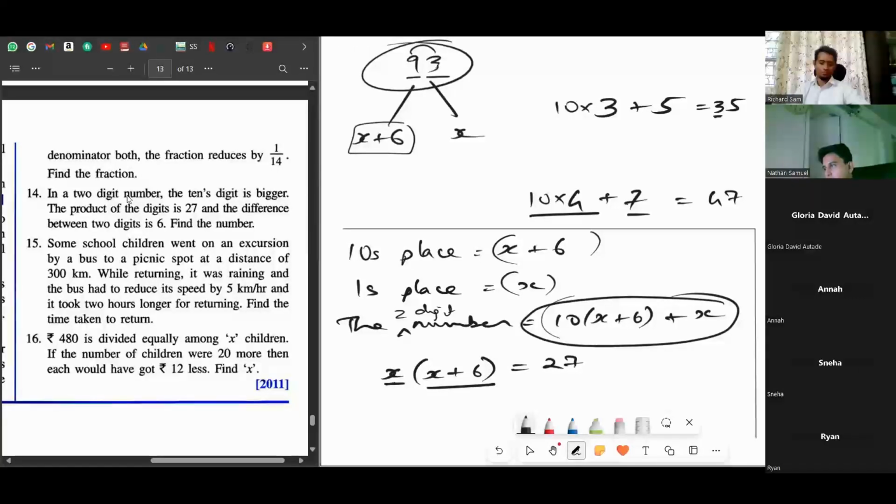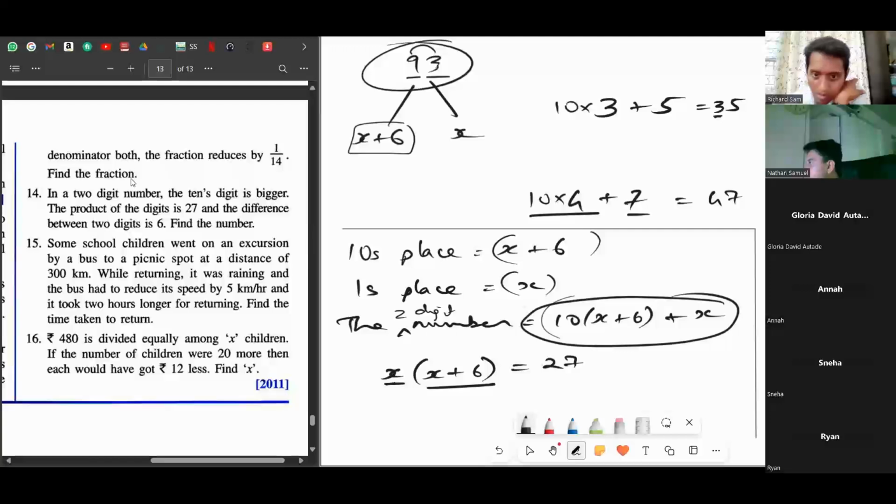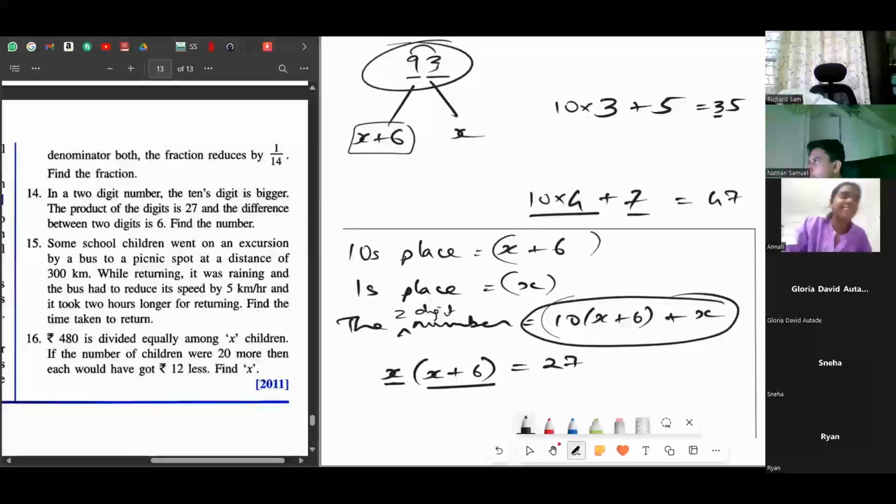We remove the 10. What, Gloria? If the 10 is removed, I can't understand. Louder? The equation was 10, then bracket x plus 6, then plus x, then where's the 10 in your next equation?